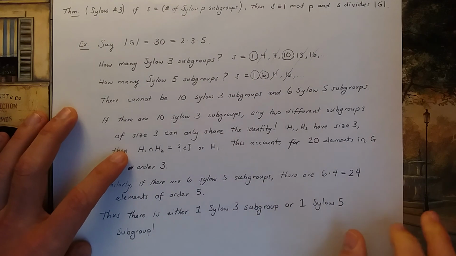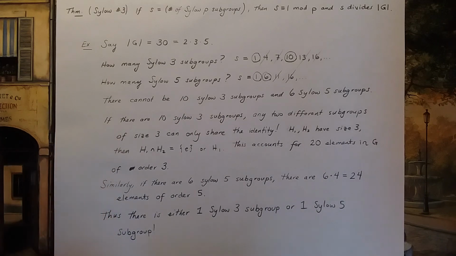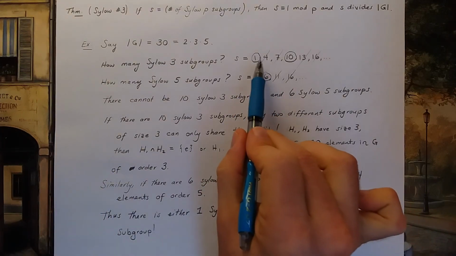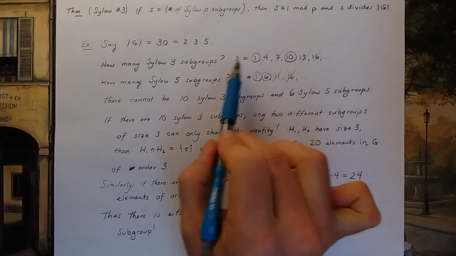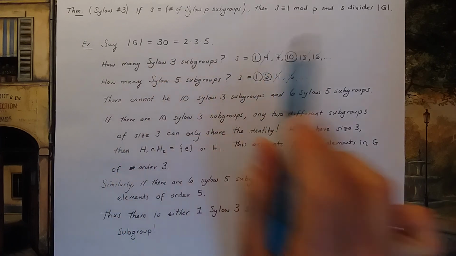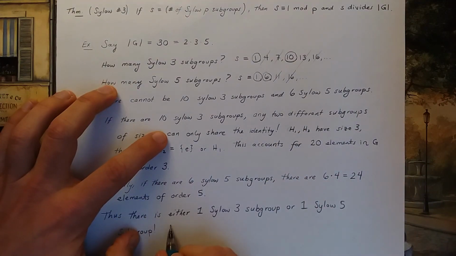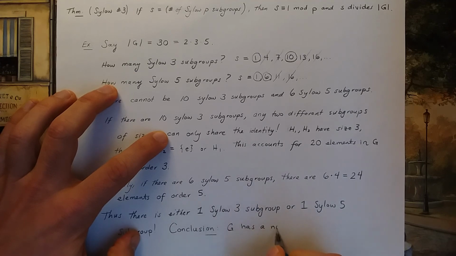And as remarked in our last video when we were discussing A5, if the number of Sylow P subgroups is 1 for any P, that means your Sylow P subgroup is normal. So thus, conclusion, G has a normal subgroup. G is not simple.